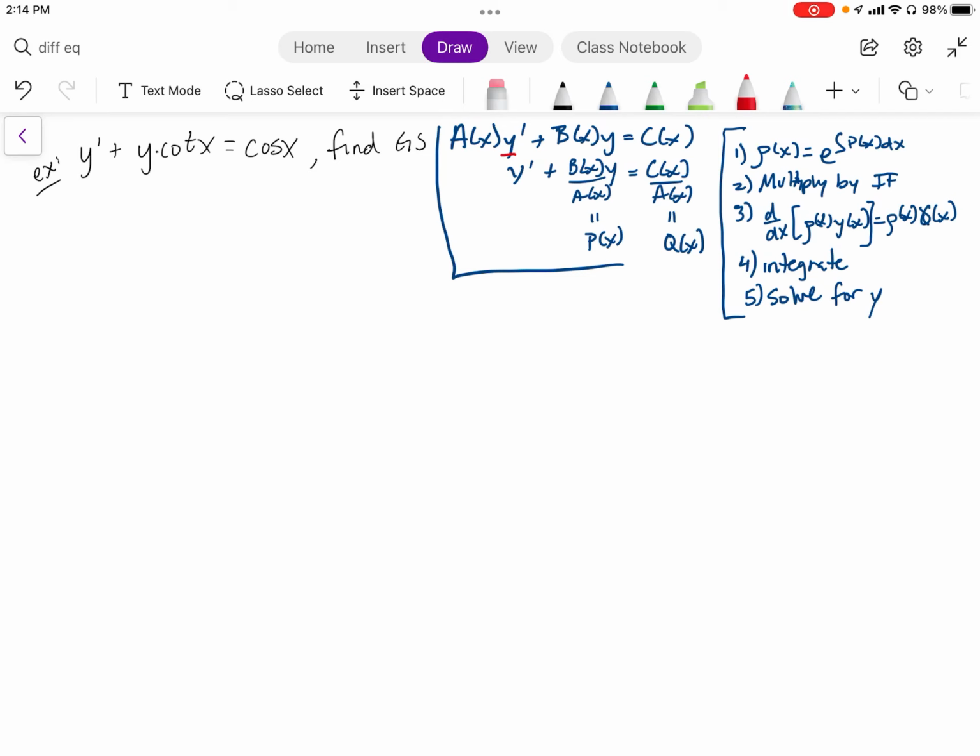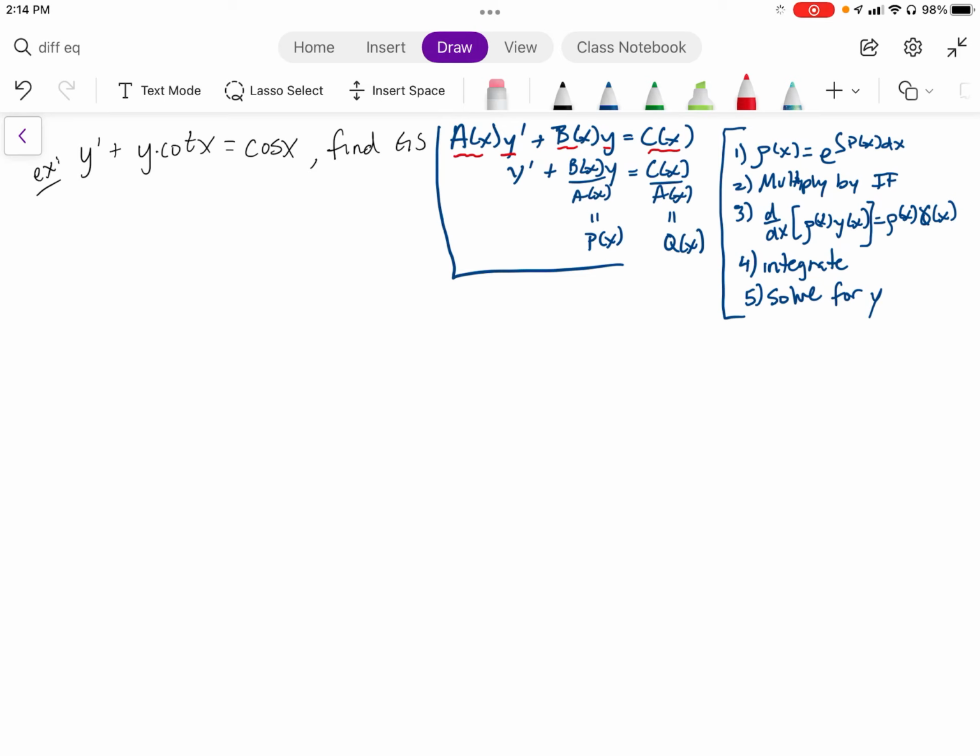But if we have it in this form, where we have some function of x, a of x, and y prime, so dy/dx, and then b of x and c of x are also functions of x, where we have y prime, y, and then on the right-hand side just all functions of x. Sometimes you need to manipulate the equation first to get it into this form.